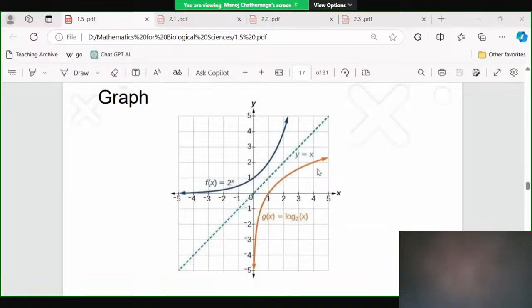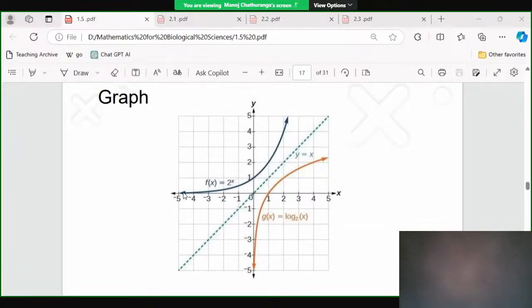So this special point will be on all the log functions. Yeah, it is true for all base values actually. And we talked about the horizontal asymptote for the exponential function.